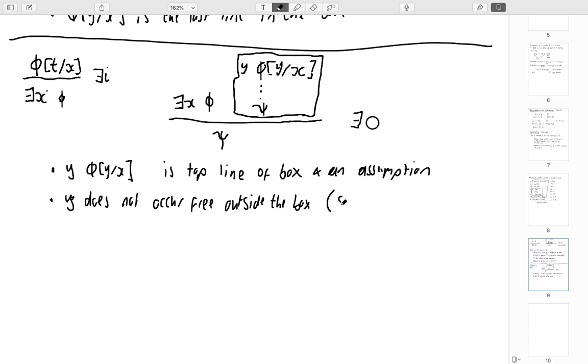So in particular, y does not occur free in psi. Again, psi is the last line of the box.